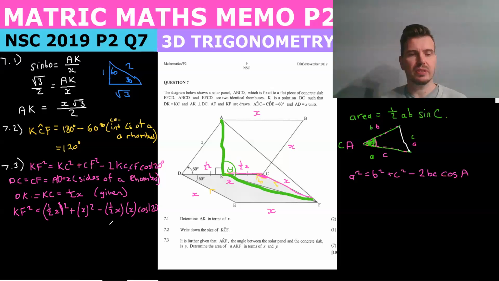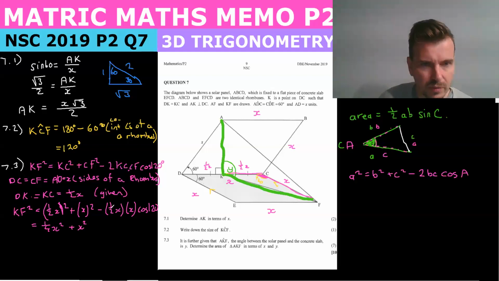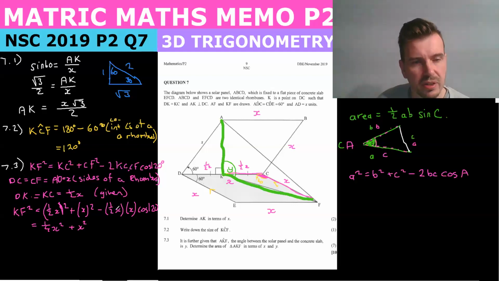And cos 120, we can put into our calculator, we get minus a half. So we get a quarter x squared plus x squared, plus a half times minus a half. This will end up being positive, a quarter x squared. Which in total is a quarter plus a quarter is a half, plus 1. So that's 1.5, which is 3/2.